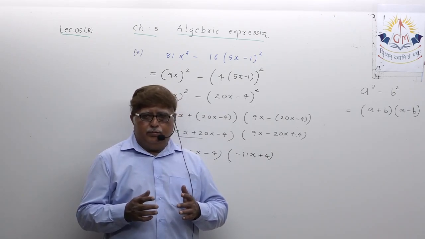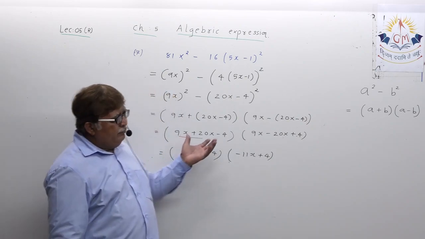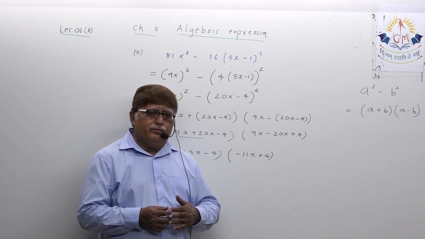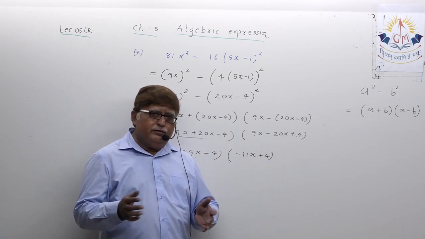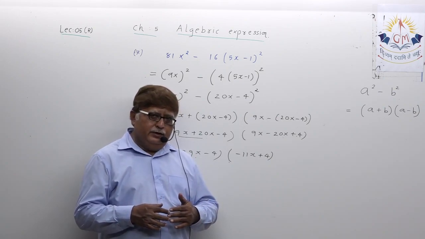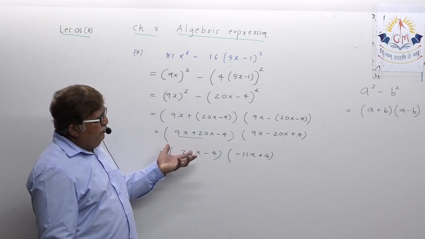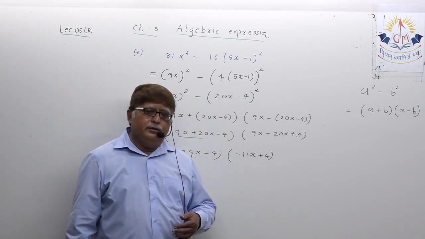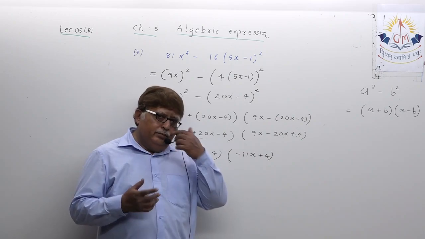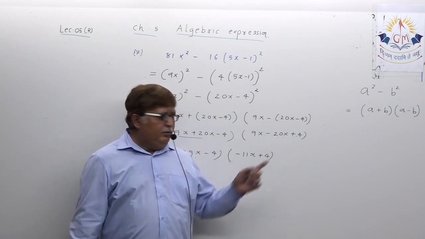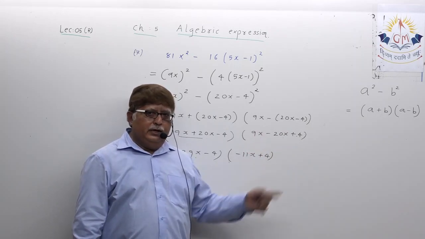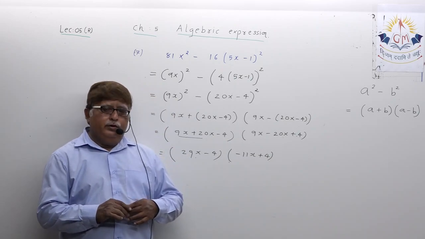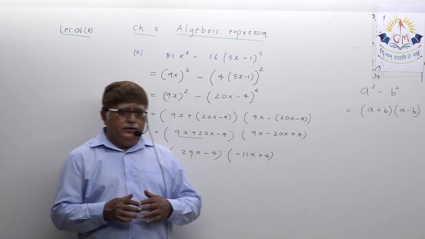Understand? You need to just practice them, and you can see some more examples of this type, even from the textbook, right? So first you just have to verify them. So this is the way, dear student. In the next lecture, we are going to solve some more difficult examples based on the same identity, a square minus b square equals a plus b into a minus b.